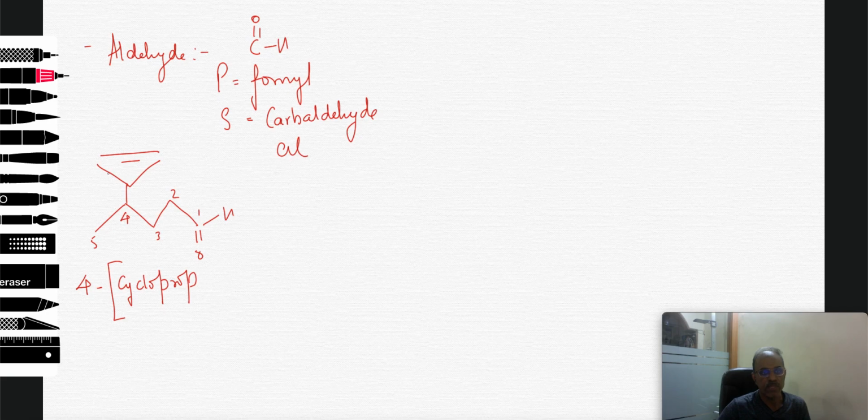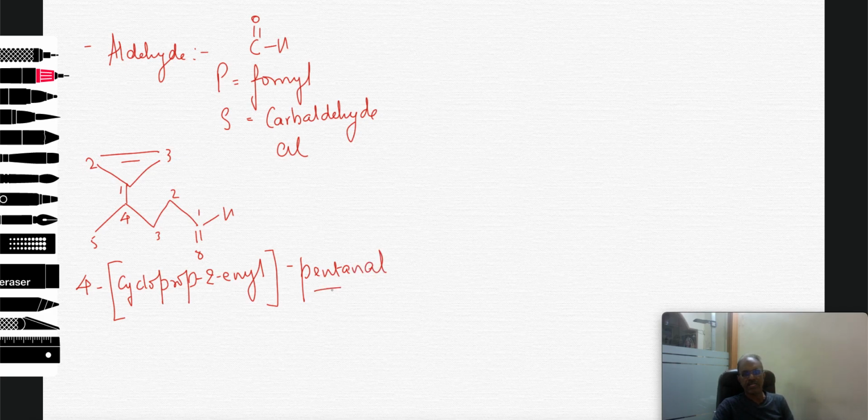Cycloprop, if I take this 1, 2 and this 3, so cycloprop-2-enyl, pent, we can say pentanal, because the first position itself is aldehyde, so pentanal.